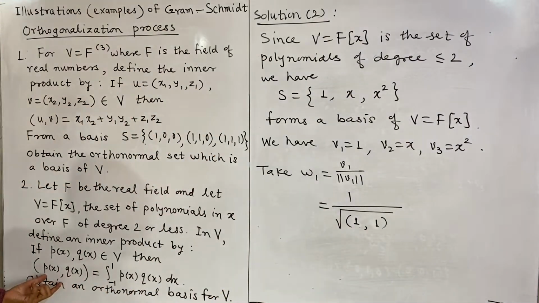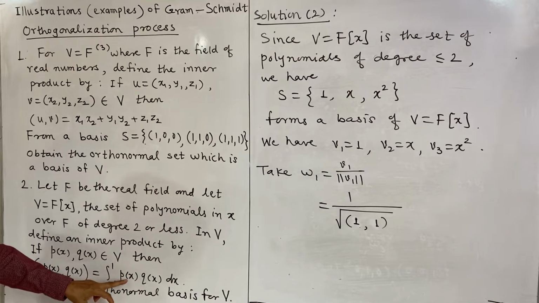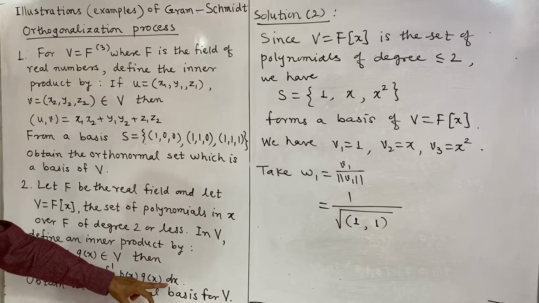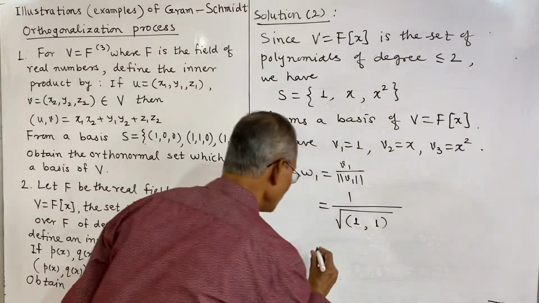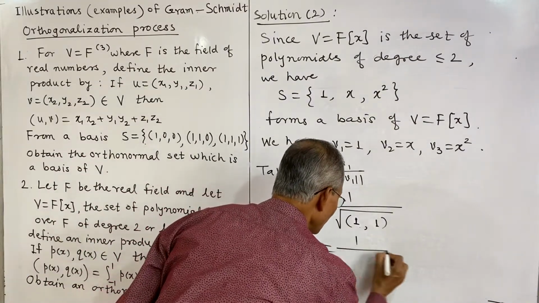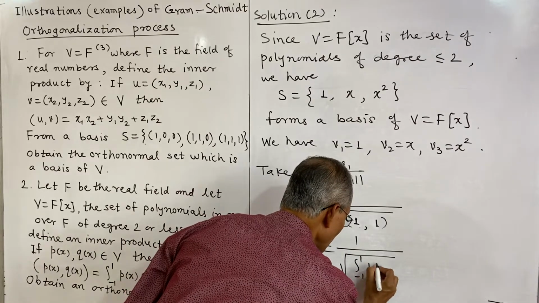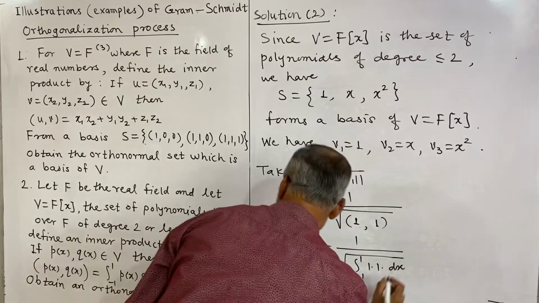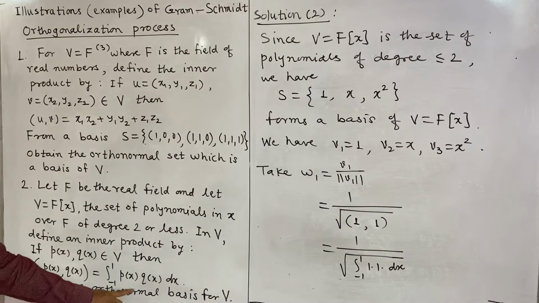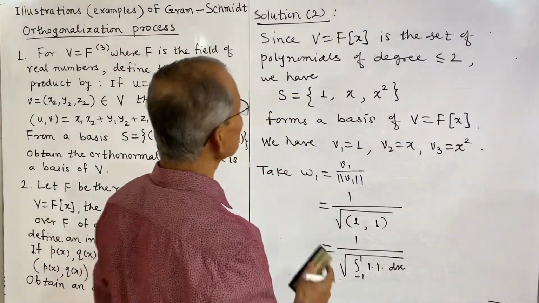Inner product of Px and Qx is integral from minus 1 to 1 of the product of Px and Qx into dx. So therefore this will be 1 divided by under root of integral from minus 1 to 1, 1 into 1 into dx. P and Q are both 1 here, and therefore what is the integral of dx?